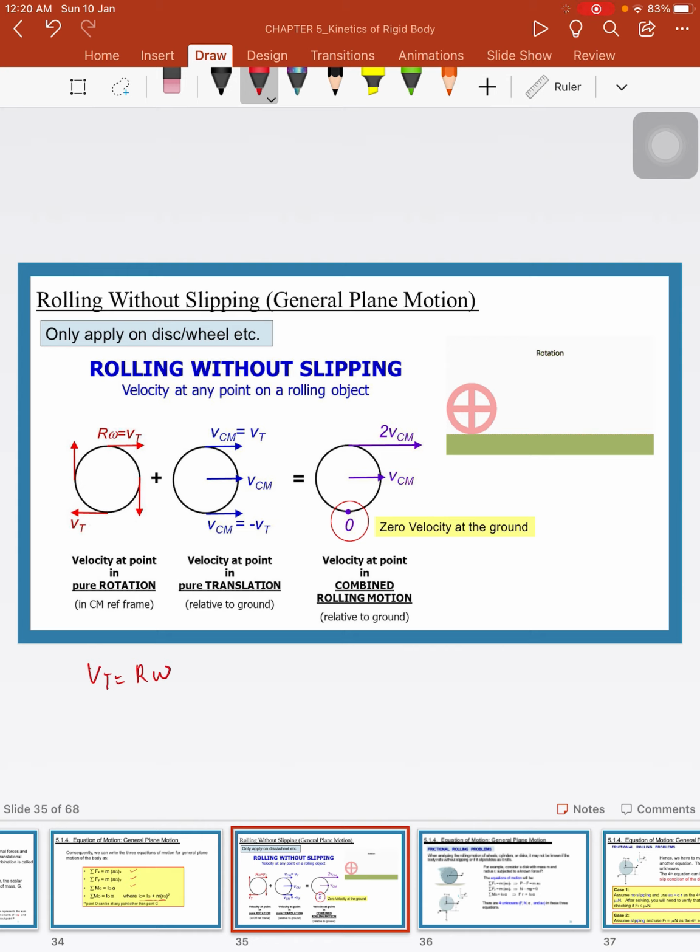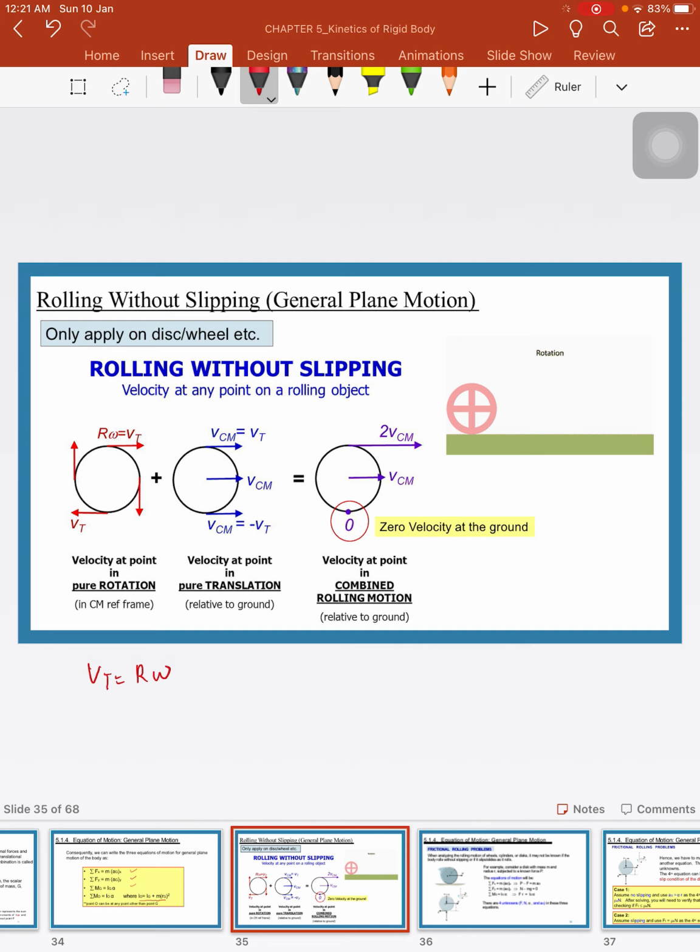As you can see from the figure, it rotates clockwise. And next, velocity at point in pure translation, relative to ground, so Vt tangent equal to VCM.